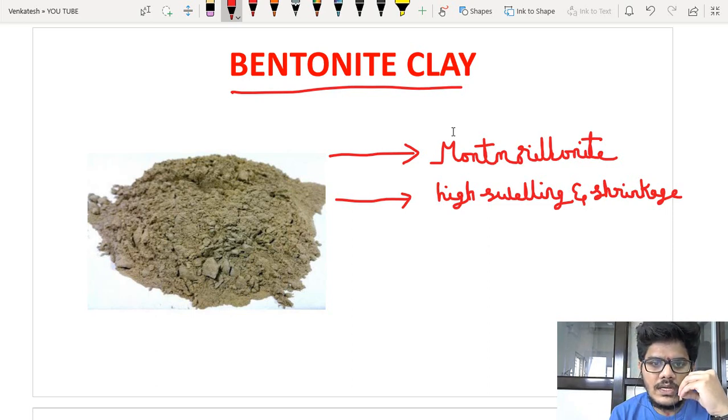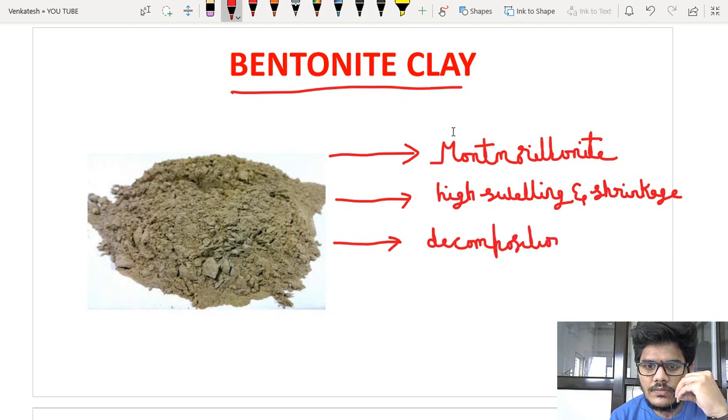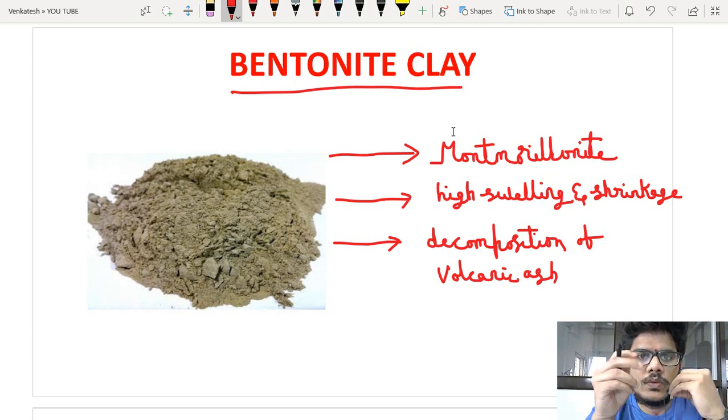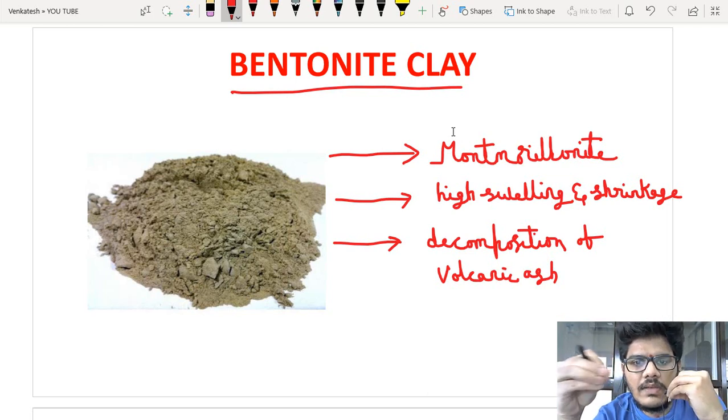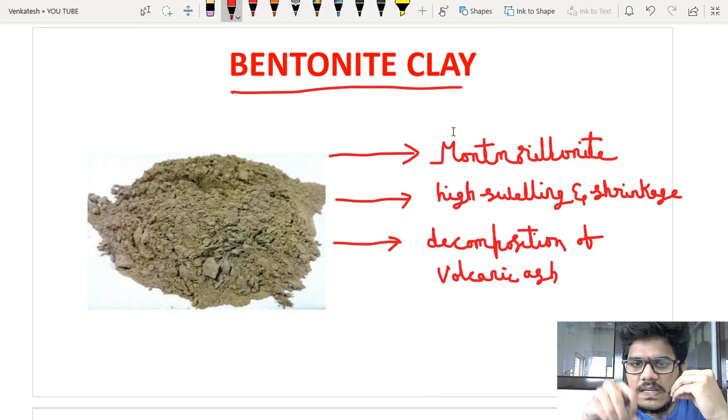So then how it is formed? This bentonite clay is formed due to the decomposition of volcanic ash.